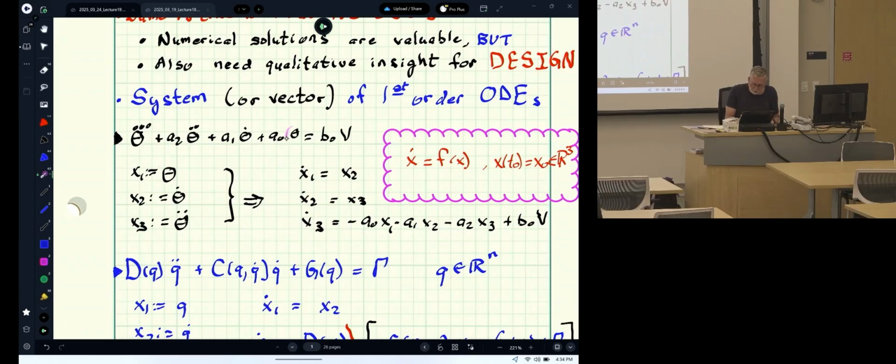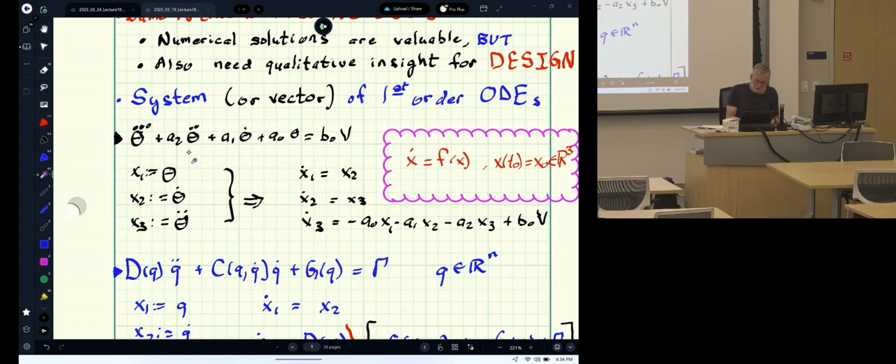And so we set this first variable equal to x1, its derivative x2, its derivative x3. And then we stop there because the highest order derivative, we can always solve for it in terms of the lower order terms in the model.